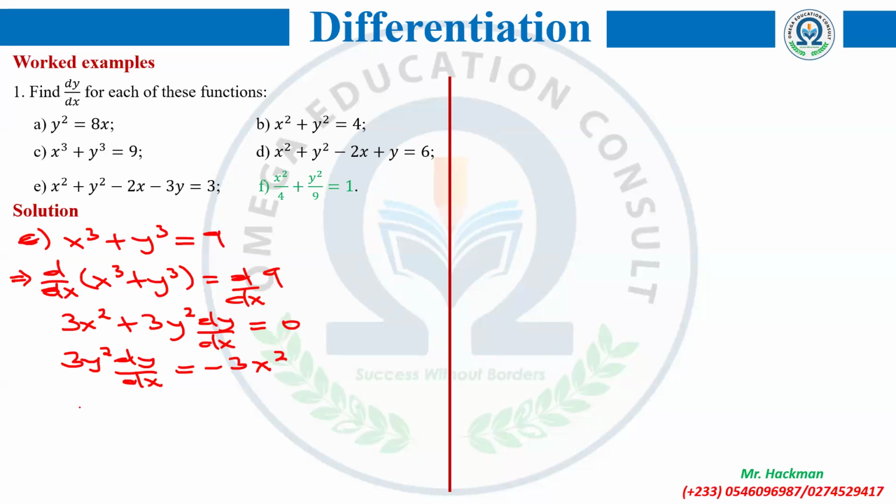Yes, please. So you end up getting dy/dx is equal to negative 3x squared over 3y squared. All correct? Yes, please. So this can be reduced. Therefore, my dy/dx, the reduced version, will give me my final answer. It's equal to, and this will cancel, so I'll end up getting minus x squared over y squared.